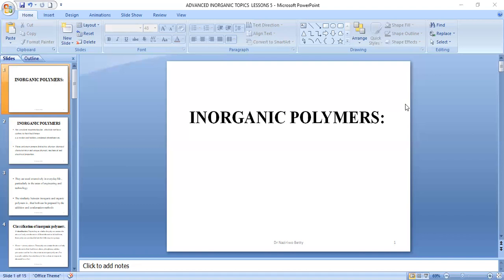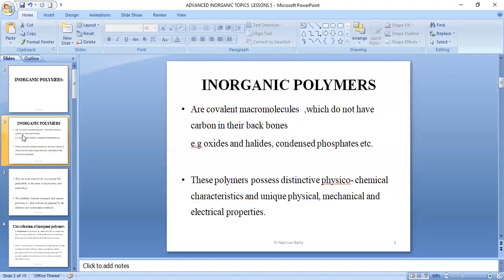Today, we are going to look at inorganic polymers. Inorganic polymers are covalent macromolecules which do not have carbon in their backbone. Examples are oxides and halides, condensed phosphates, and so on.